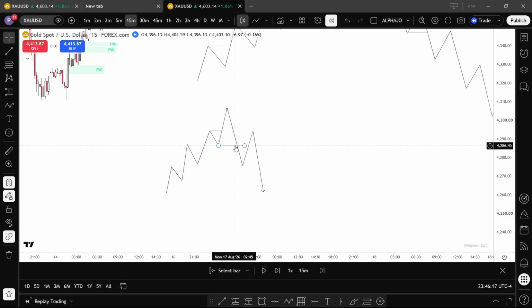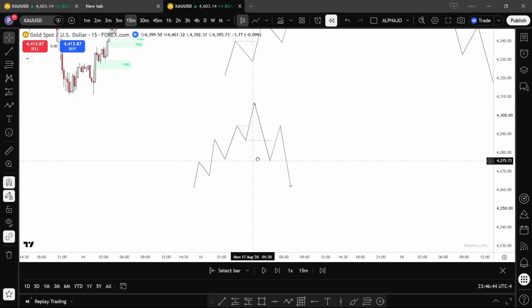You need extra confirmations to show you that the level they broke was indeed an important level, to know if they actually want to reverse or it was just a fake out and they still want to continue the trend to the upside.